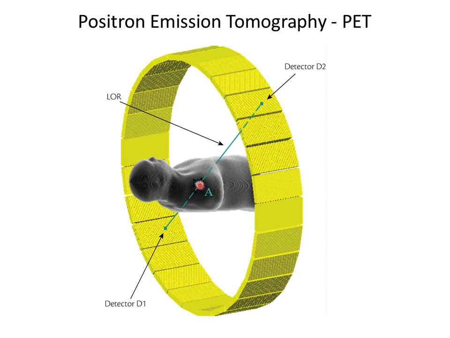So the event occurs here, the two photons shoot in opposite directions, right? And if we detect this event and this event, which is the photon hitting the detector, and those events are simultaneous, you know that, okay, I have a positive event, and you know exactly the line upon which that event occurred.